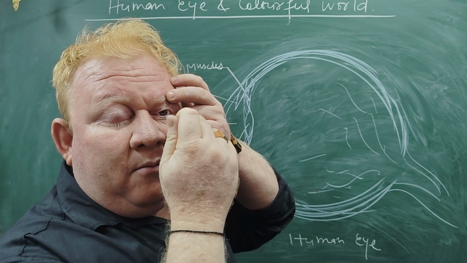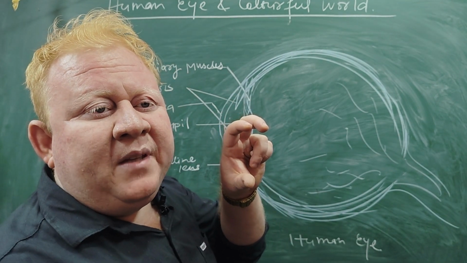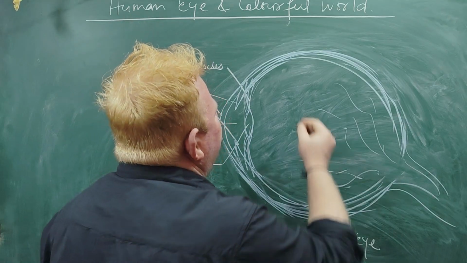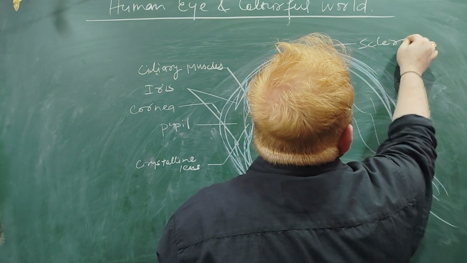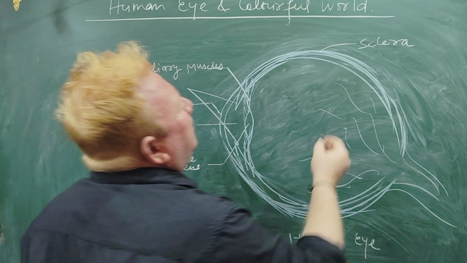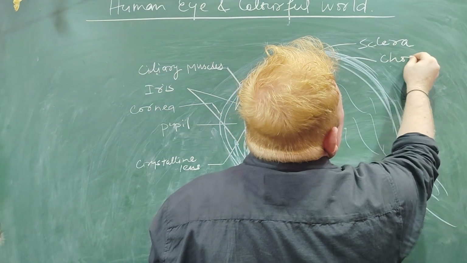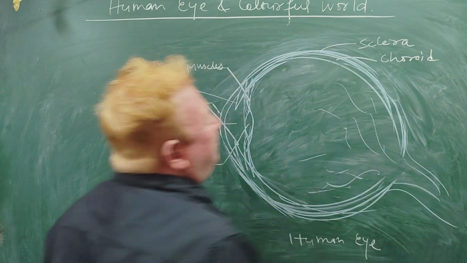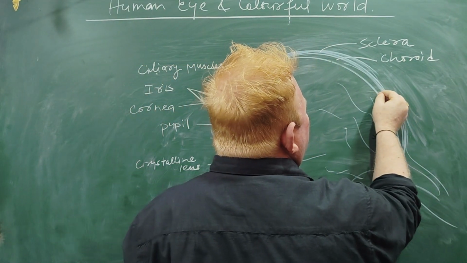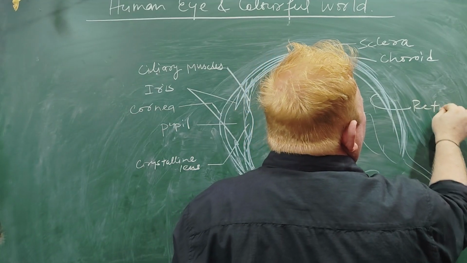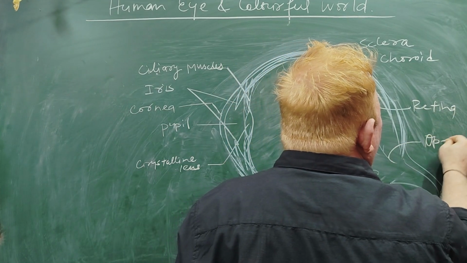This is the main protective layer of our eye, that is called sclera. Below this layer one more layer is there. This layer is called choroid. Now this area is retina, and this area is optic nerve.